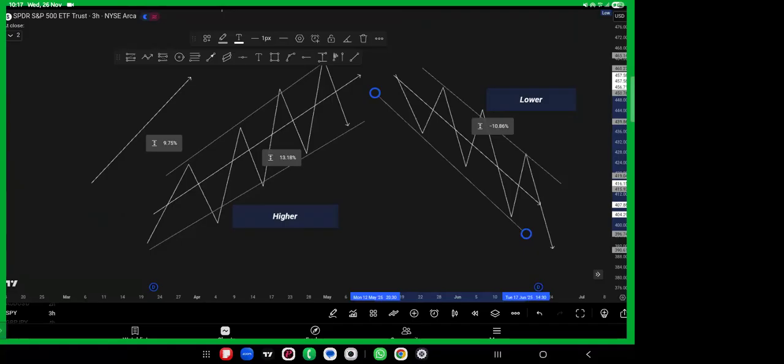Now, the concept of higher simply means that the structures that are forming will be higher than the previous ones. When we talk about the concept of higher here, we're simply talking about two structures in particular, which are the higher highs and the what? The higher low. That's what you just need to know. That's why we said that we'll make use of the concept of higher.